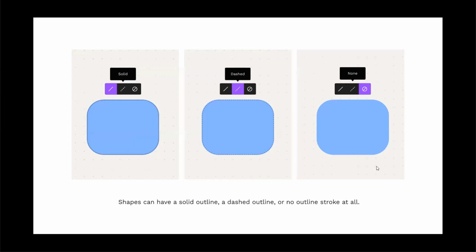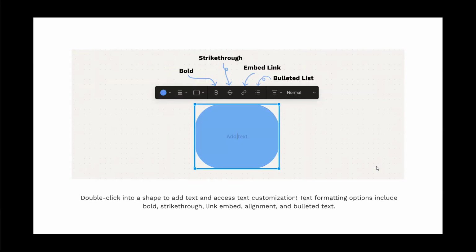Shapes can have a solid outline, a dashed outline, or no outline stroke at all. You can double click into a shape to add text to it and then access text customization. Text formatting options can include bold, strike through, link embedded, alignment, and bulleted text.